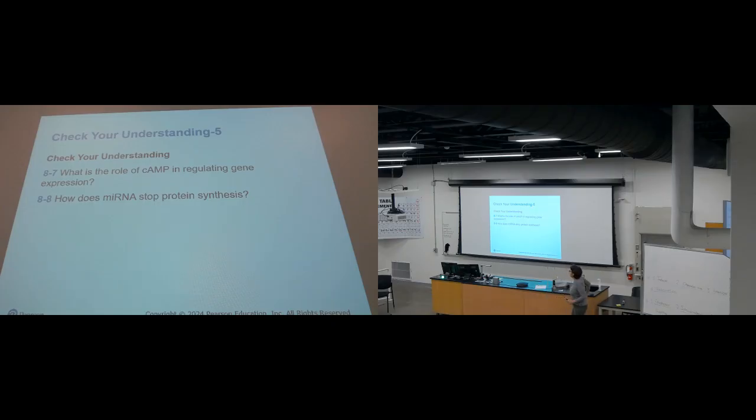Very good. And then next question, how does microRNA stop protein synthesis? Complementary base pairs to the mRNA, and it creates a double-stranded region of the RNA, which signals the cell to degrade it.